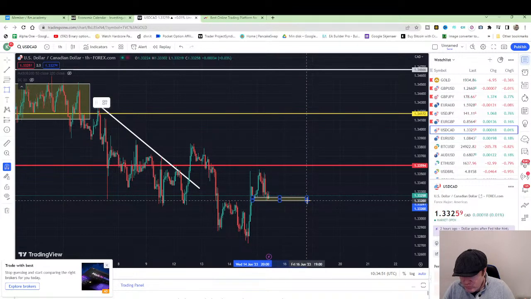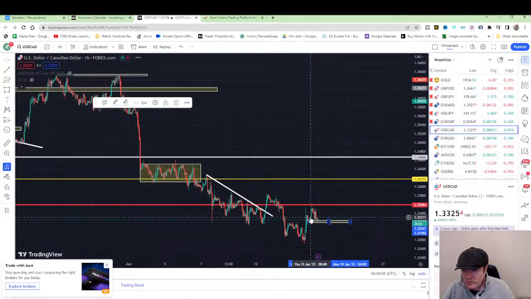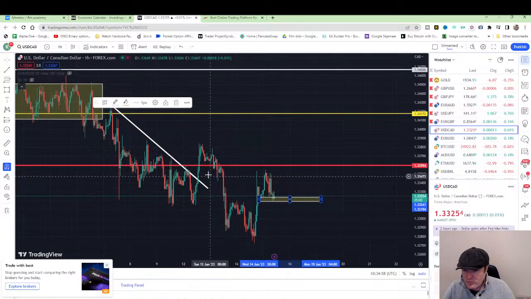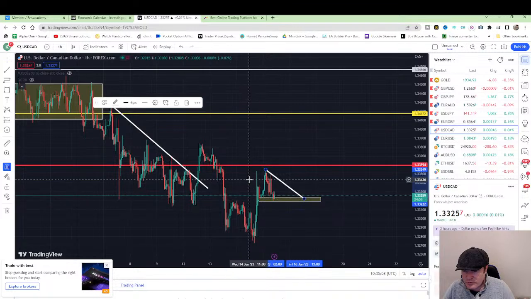Looks like we have the support down here. Now let's see. We see that we have some type of trend downwards here because we have 3-point entries.